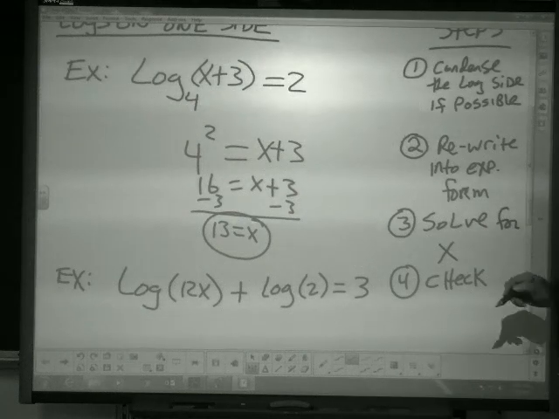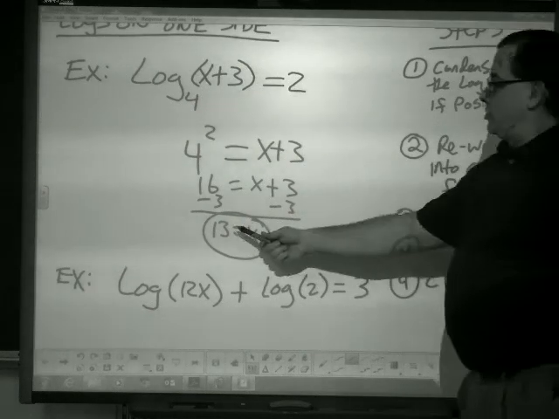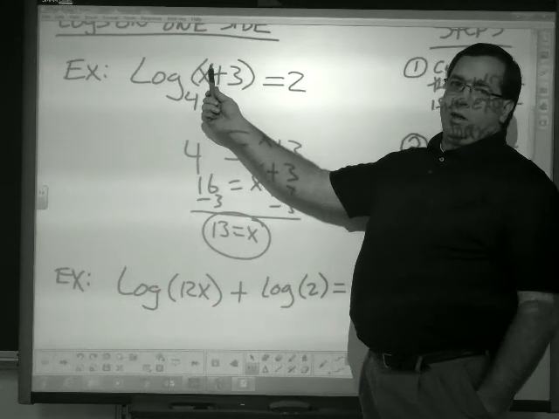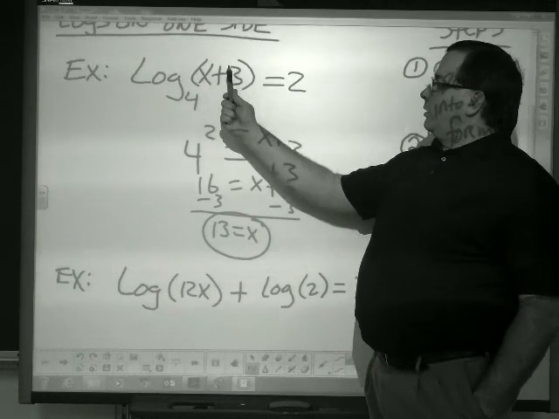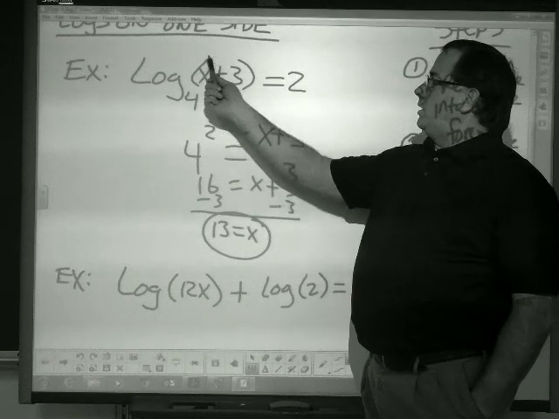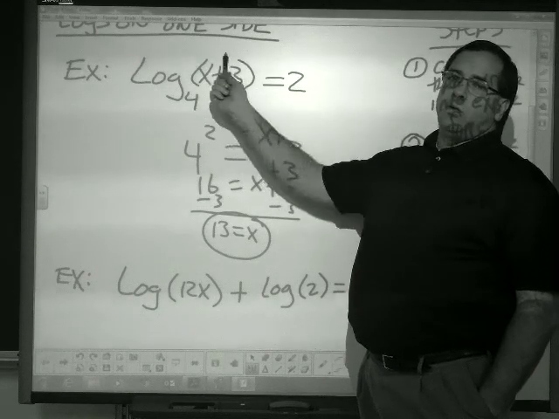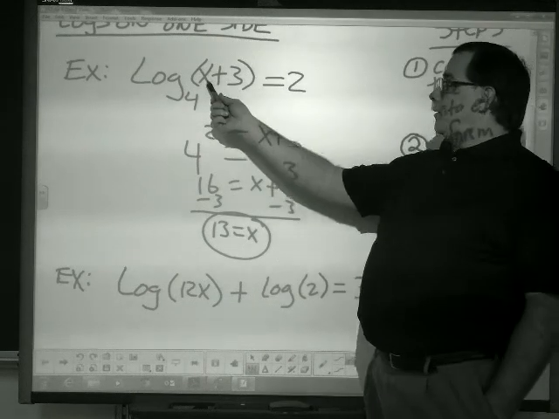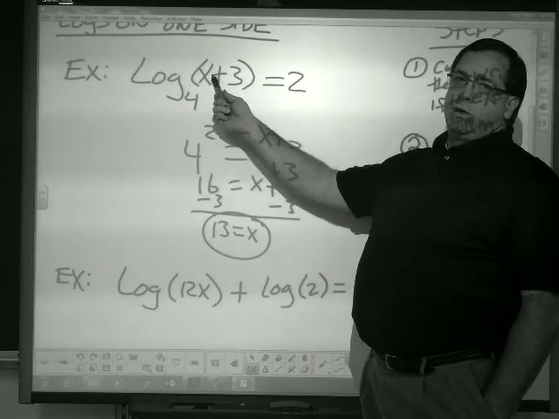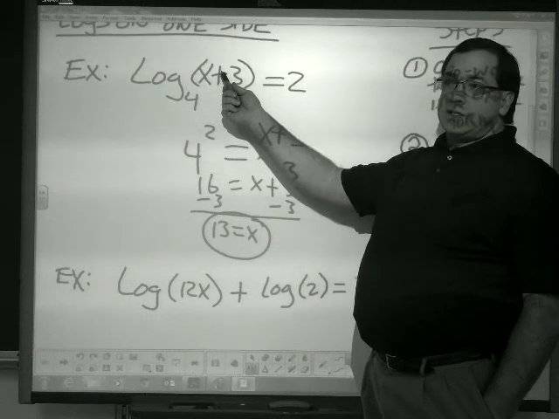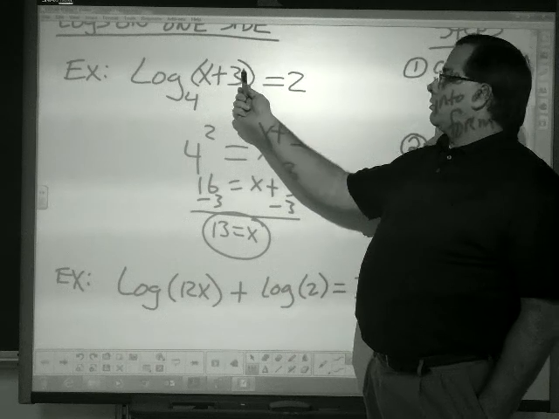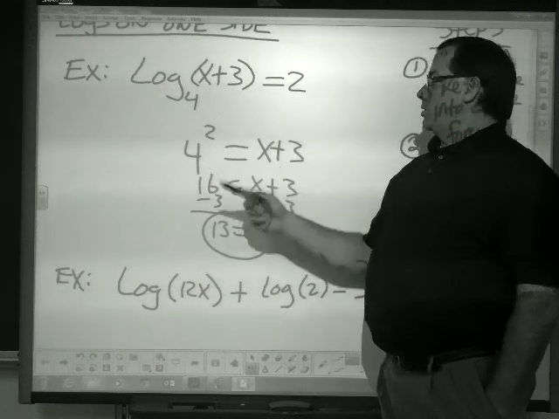Now, when we check, we're checking to make sure that this number doesn't give us an undefined situation. If you remember earlier in this unit, we said that this number here can never be 0 or negative. So we want to make sure that when we put this number in, we get an answer that is more than 0, because if it's 0, we're still in an undefined situation.